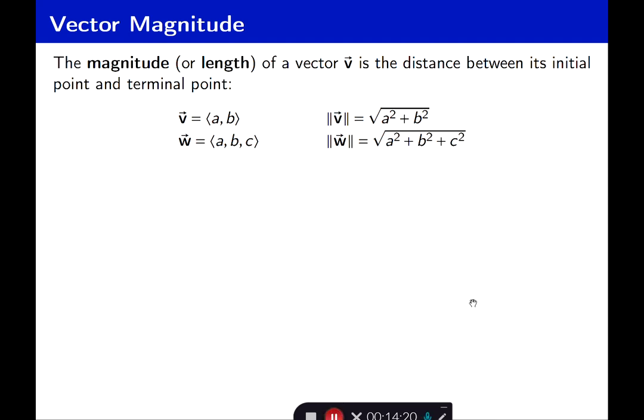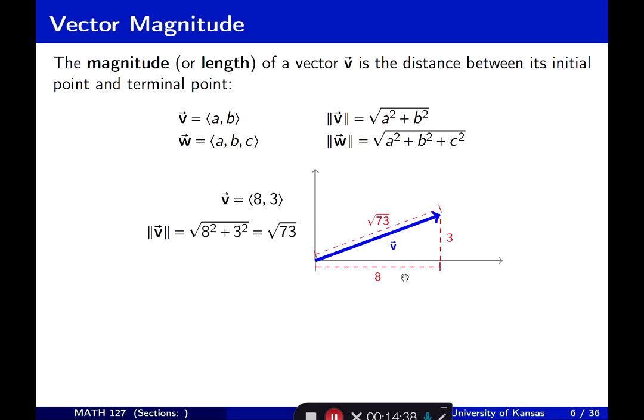Okay, so where do these formulas come from? They're actually the Pythagorean theorem, and that's all. Look at this vector V, which is (8, 3). Look at the x and y values: x is equal to 8, y is equal to 3.